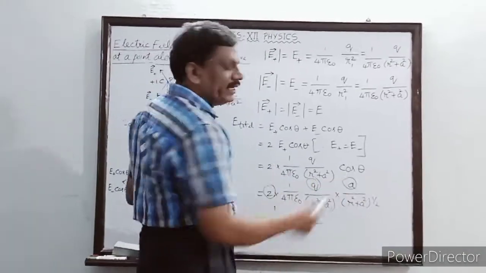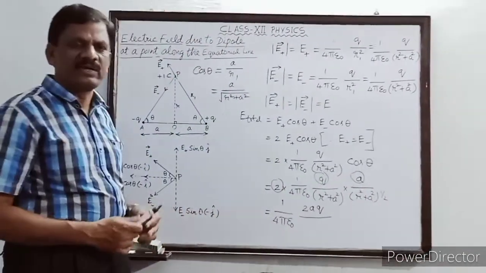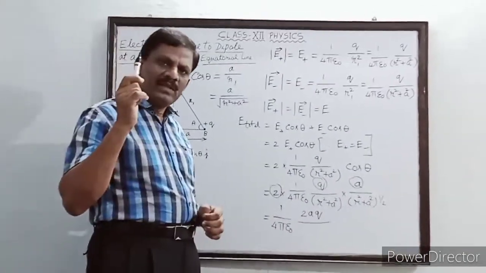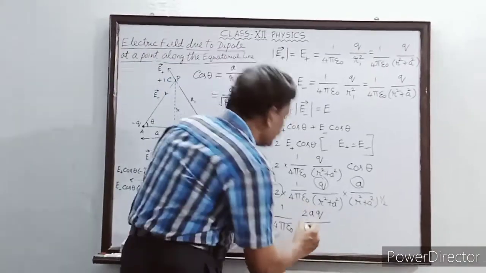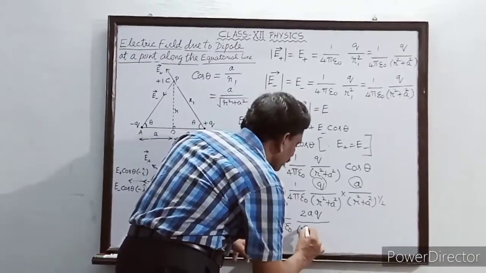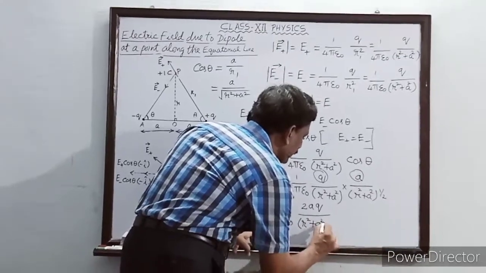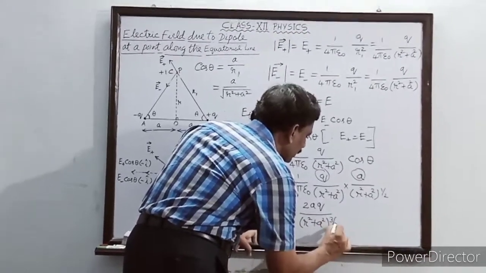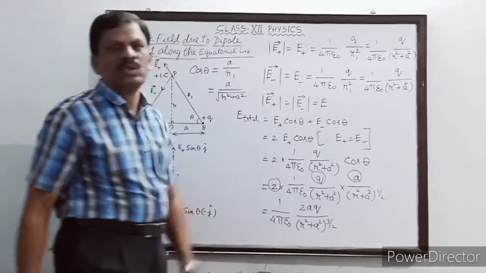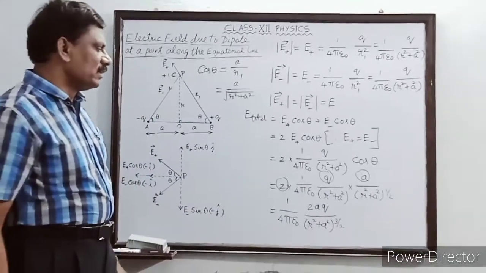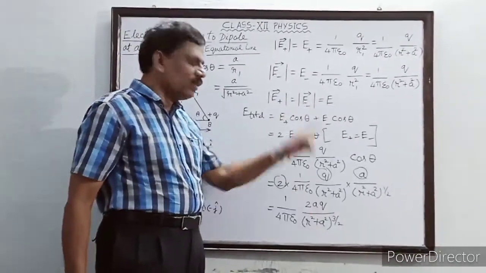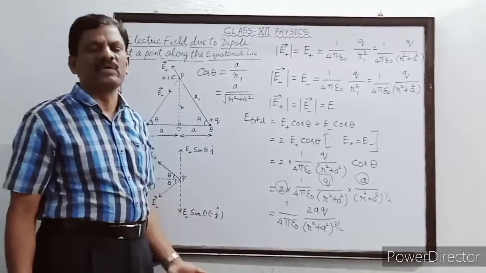So totally the denominator is R square plus A square whole power 3 by 2. Now instead of 2aq, what can we substitute? 2aq is also equal to the dipole moment P.